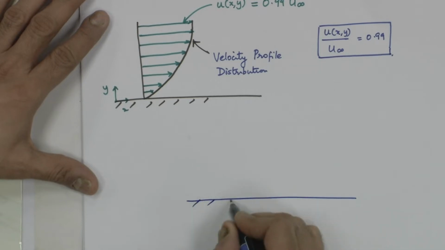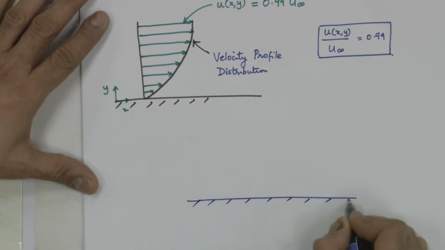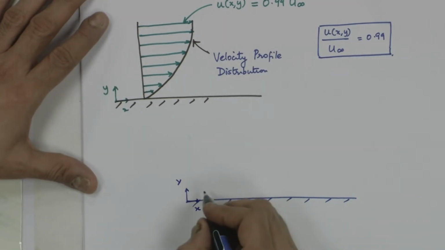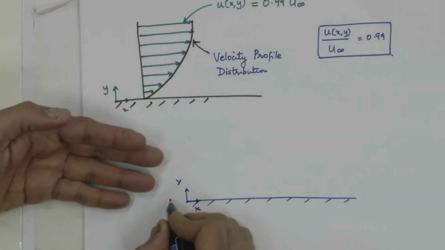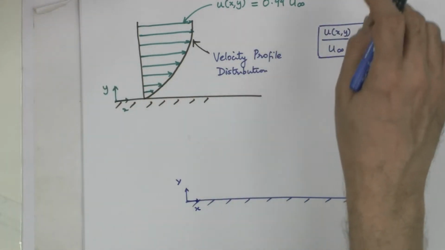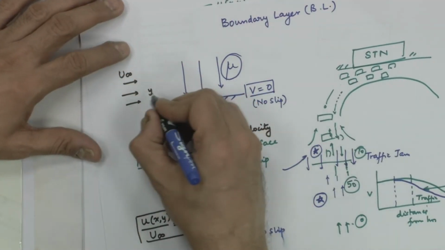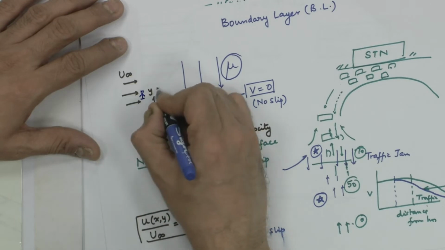So, if this is your flat plate, this is the beginning of the plate, the leading edge. I am coming from here, I am a particle of fluid, let me go back to this diagram, I do not want to spoil another diagram. I am a particle of fluid which is happily coming here.